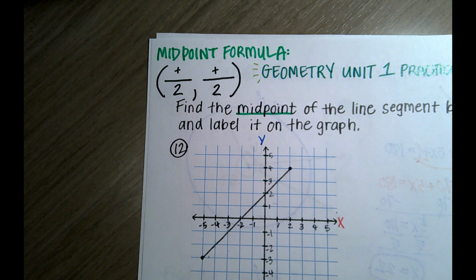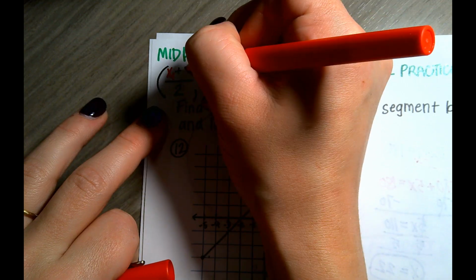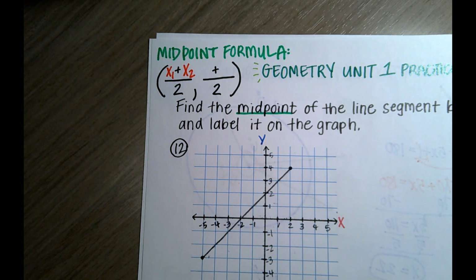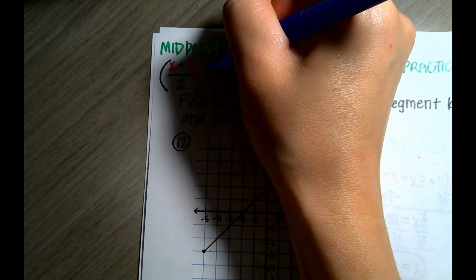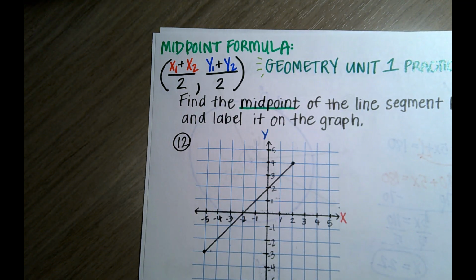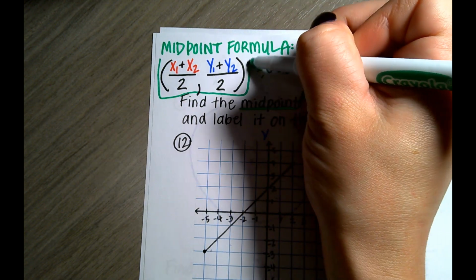So I'm just going to put this at the top of my page again: x1 plus x2 divided by 2, and then y1 plus y2 divided by 2. So I've got my formula here. And again, I would recommend you do that on yours so that you have it.